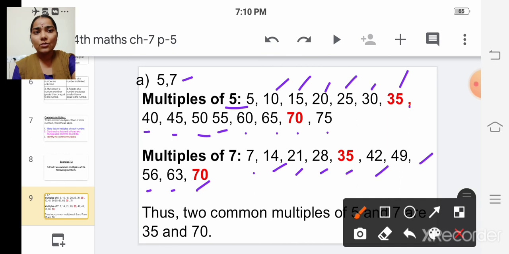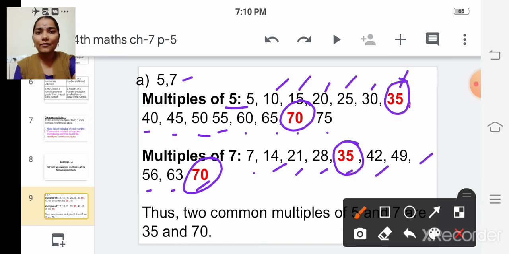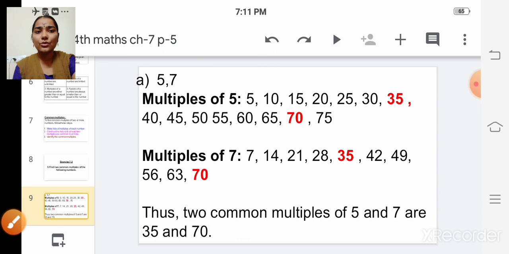I have colored them red, isn't it? So 35 and 70. So these are the two common multiples of 5 and 7. Thus two common multiples of 5 and 7 are 35 and 70.